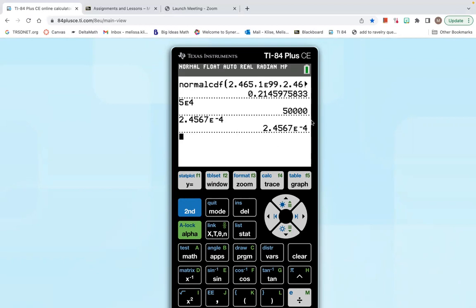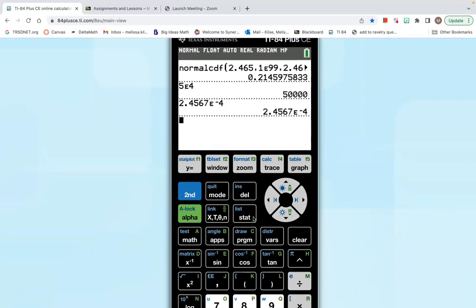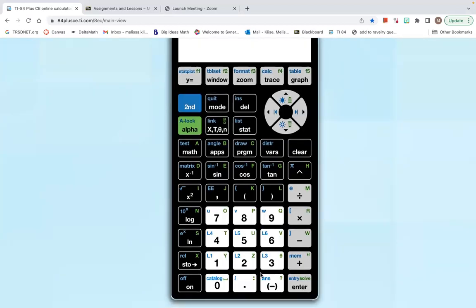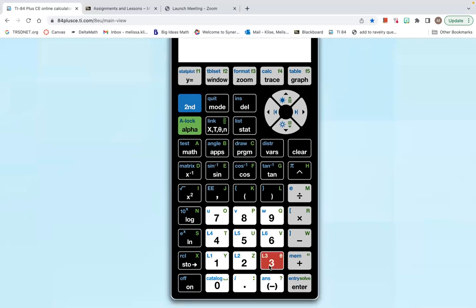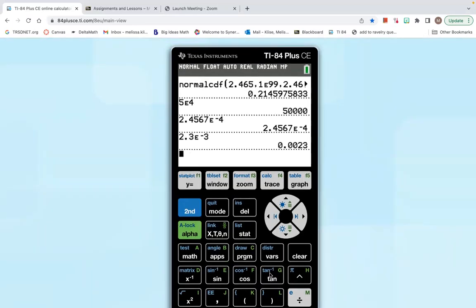That's scientific notation. I'll use an easier number: 2.3E-3, to the negative third power. Watch, it just moved the decimal 3 places to the left. So it's just funky scientific notation.